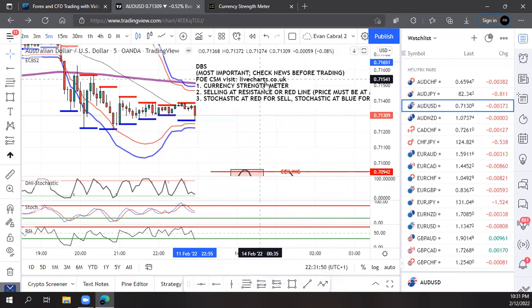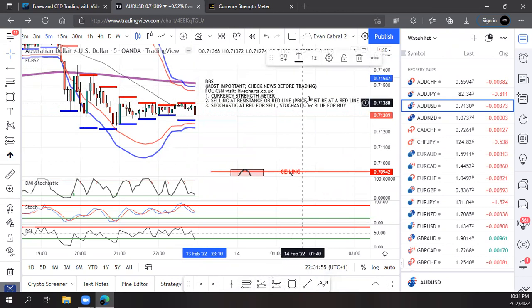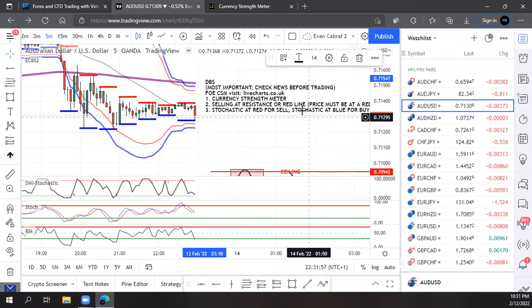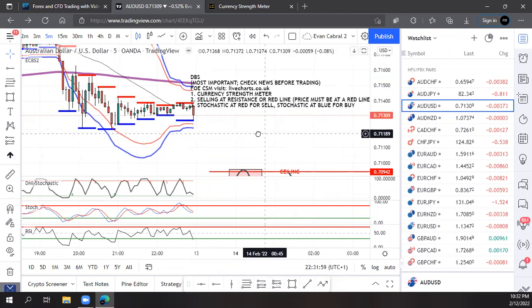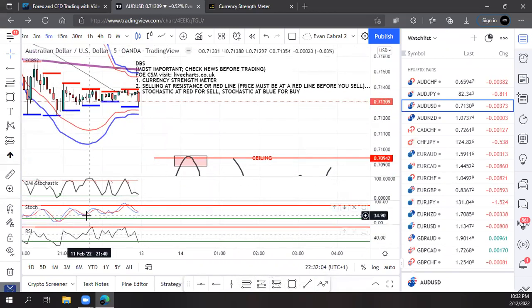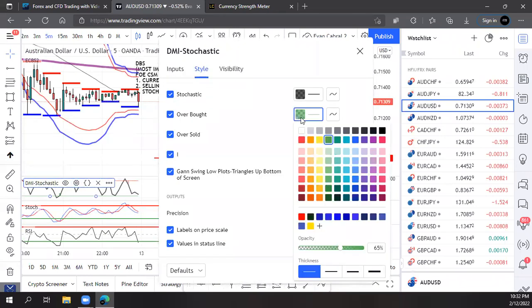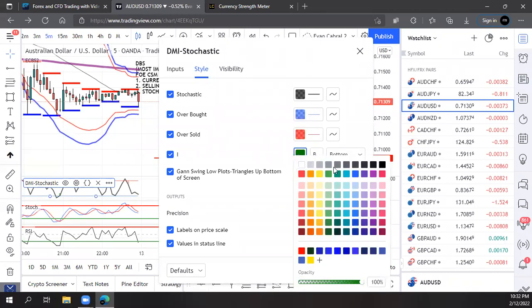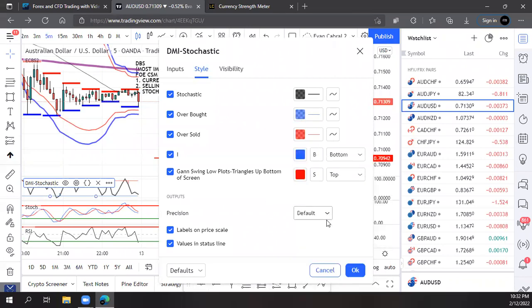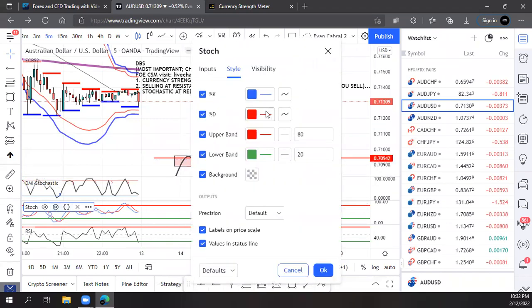So look at this. Let me try and make it a bit smaller. Okay, so this is it right here. I can easily change this to blues depending on what color I want to indicate it as, if I just want to make it more understandable.